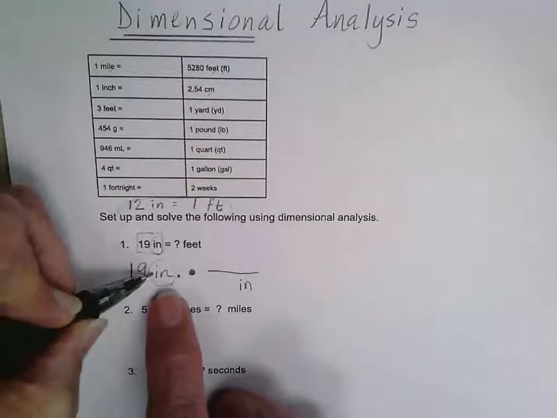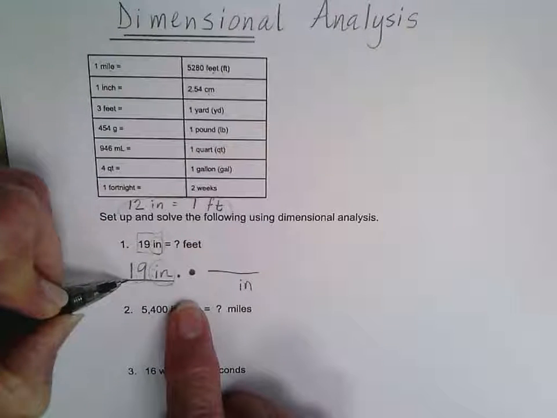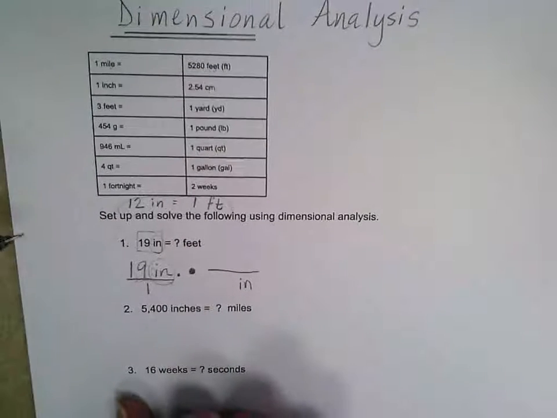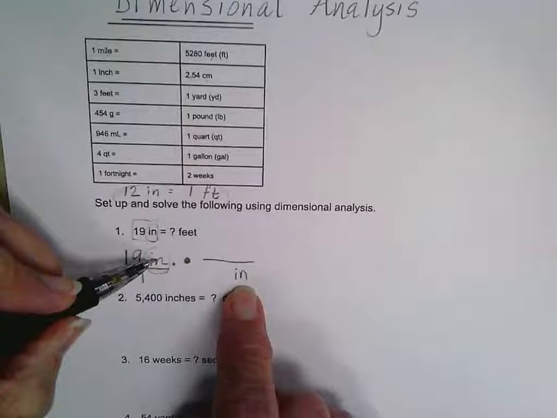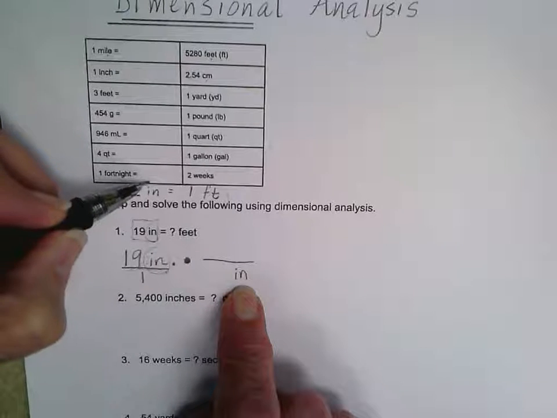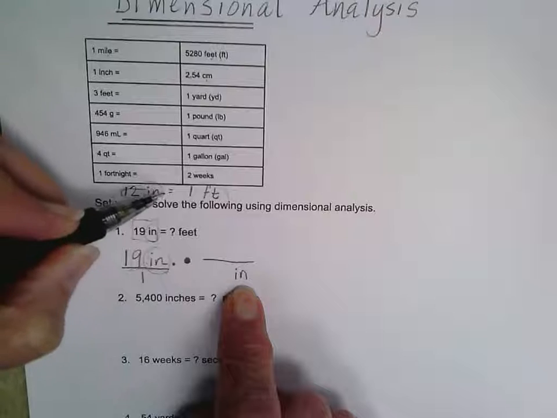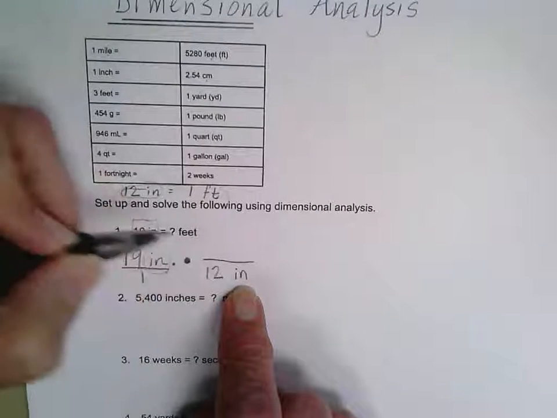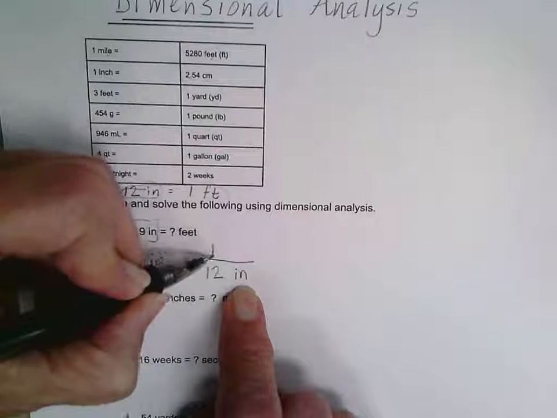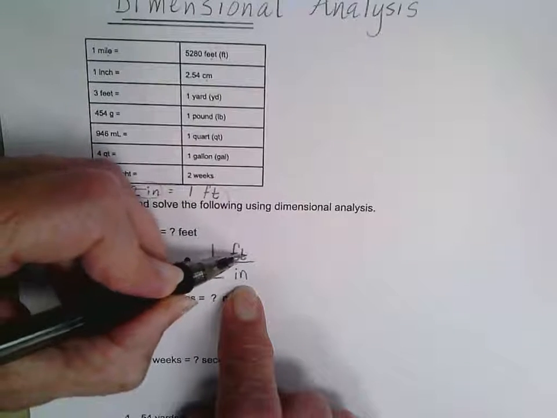So if I have inches right here, and you want to think of this over 1, I'm going to have inches as my second term down here. And because 12 inches are equal to 1 foot, I'm going to put my 12 inches on the bottom and my 1 foot up on top.